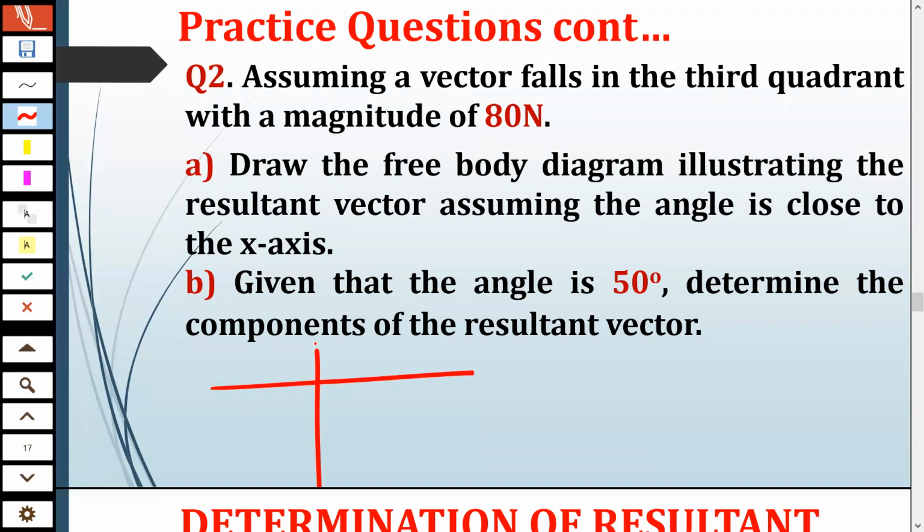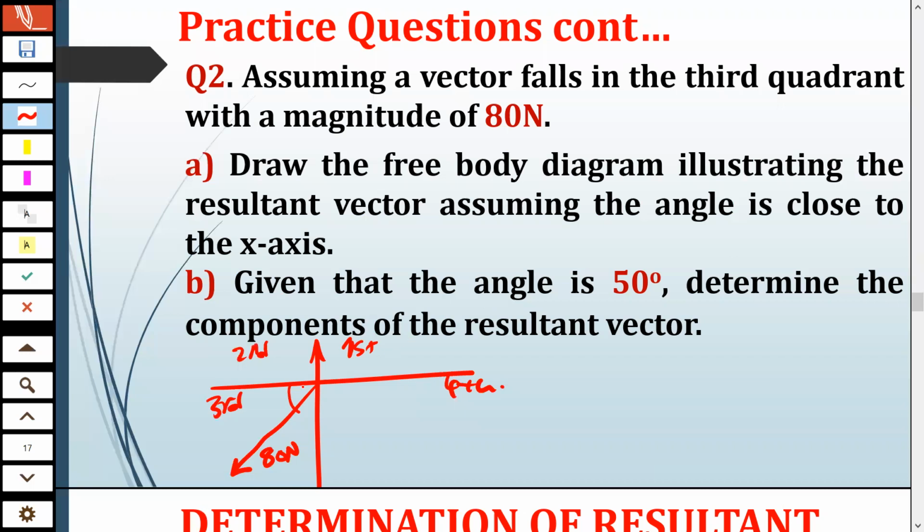This is the first quadrant, this is the second quadrant, this is the third quadrant, this is the fourth quadrant. So the vector falls in this quadrant and its magnitude is 8 newtons. And then they are saying the angle is close to the x-axis, so the angle is here.